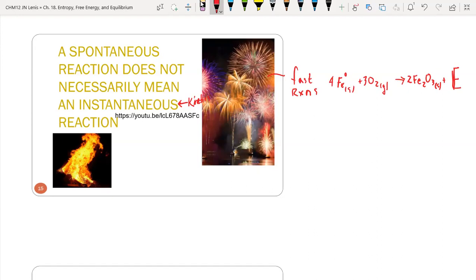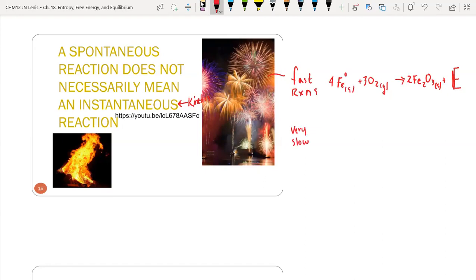But also it is spontaneous. Sometimes we have the same reaction because we have given conditions of oxygen, temperature. But in other situations, when you change the thermodynamic conditions, temperature, energy, the same reaction can become very slow.